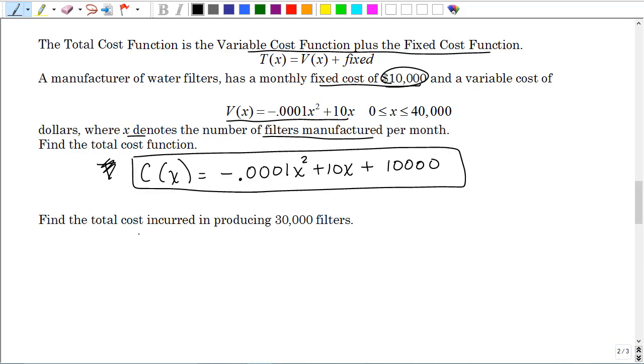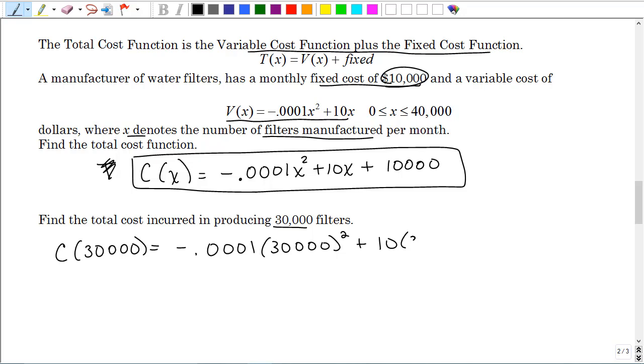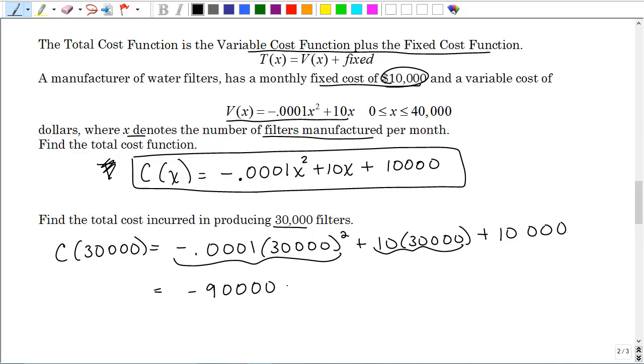The next thing says find the total cost incurred in producing 30,000 filters. So that means I have to evaluate this cost function at 30,000. Keep saying dollars. Wishful thinking. Okay, so this is when you really need to get out a calculator. So I'm going to grab mine. This is negative 90,000.